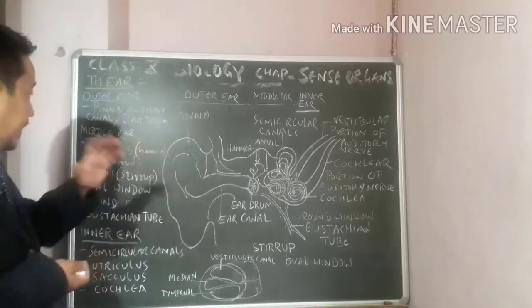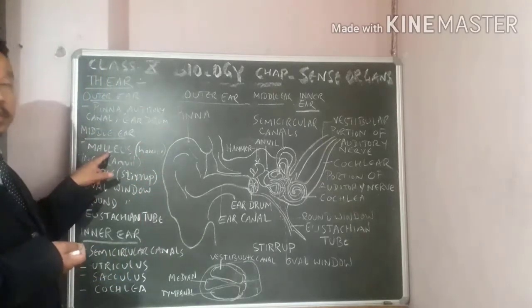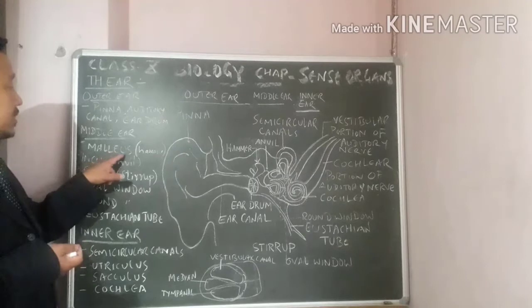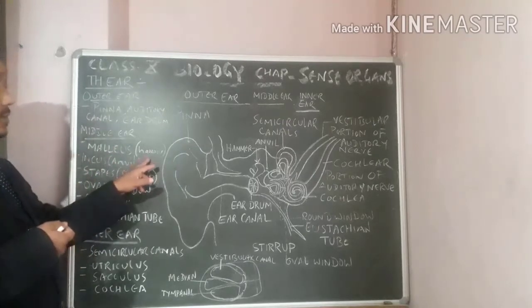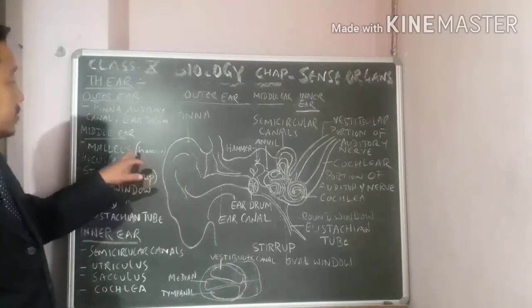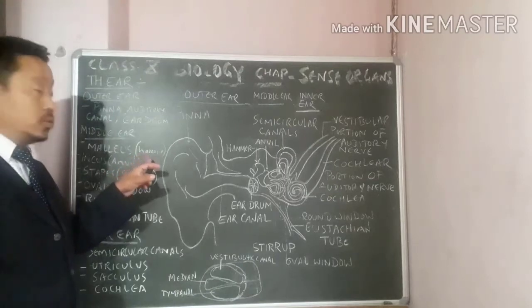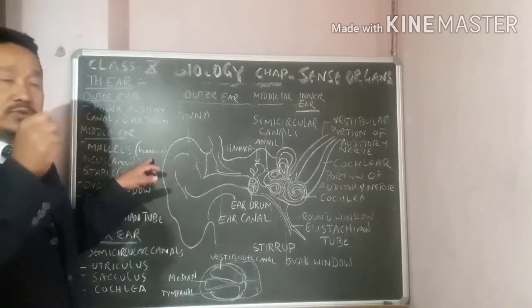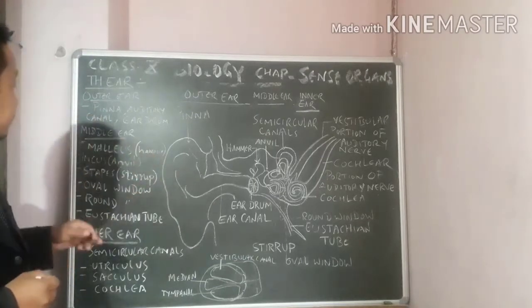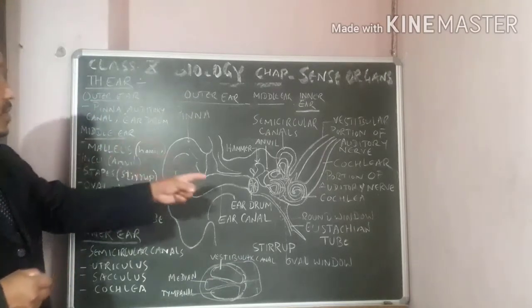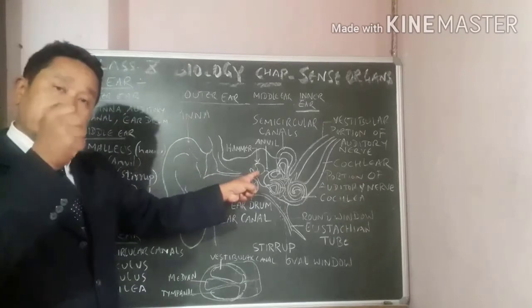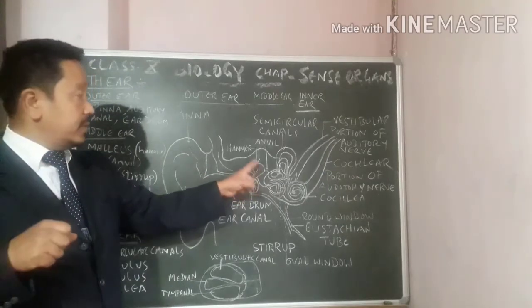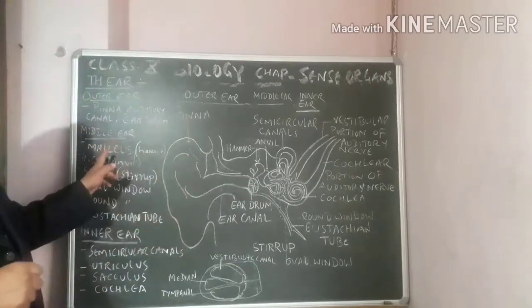They are the malleus, M-A-L-L-E-U-S. Commonly, it is also known as the hammer, something like a hammer, as you know. This part is something like a hammer only.